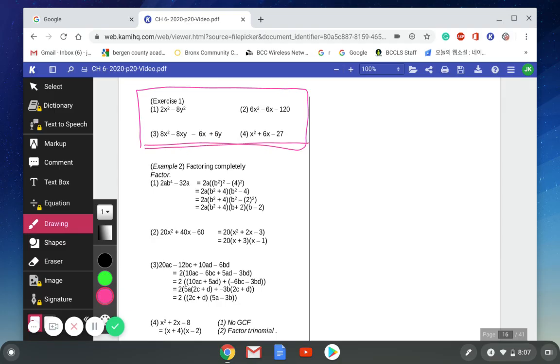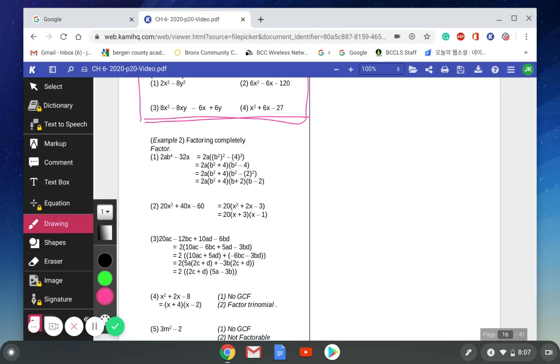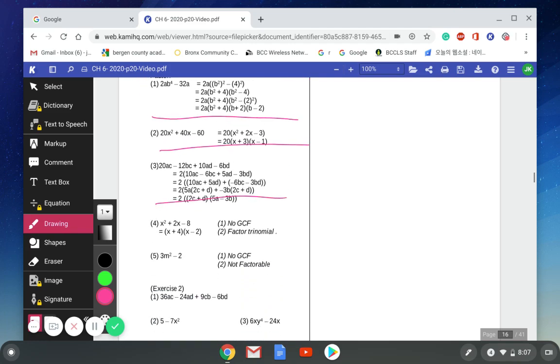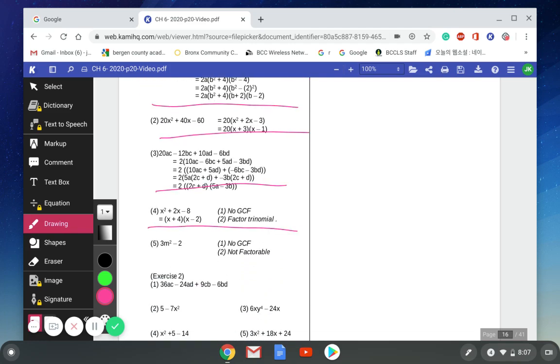So the next examples are factoring completely. Try these factoring completely problems. Is a trinomial or quadratic expression always factorable? No, that's not necessarily true.